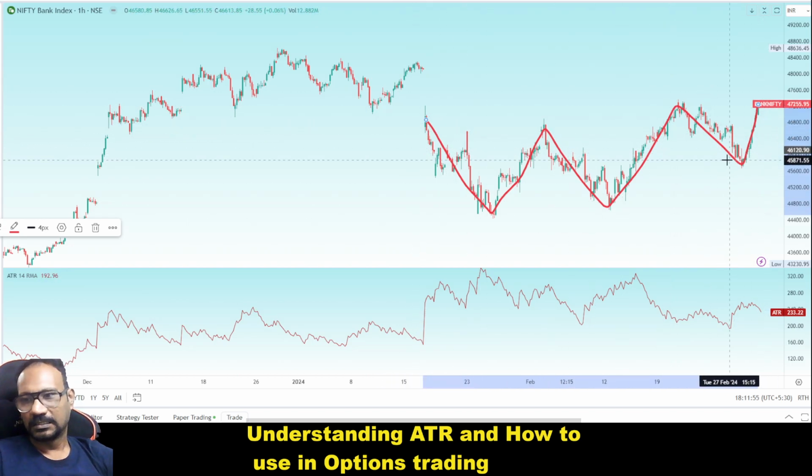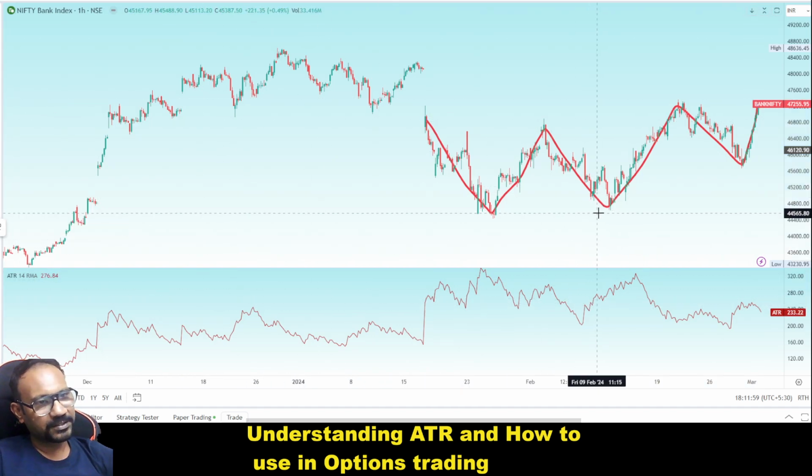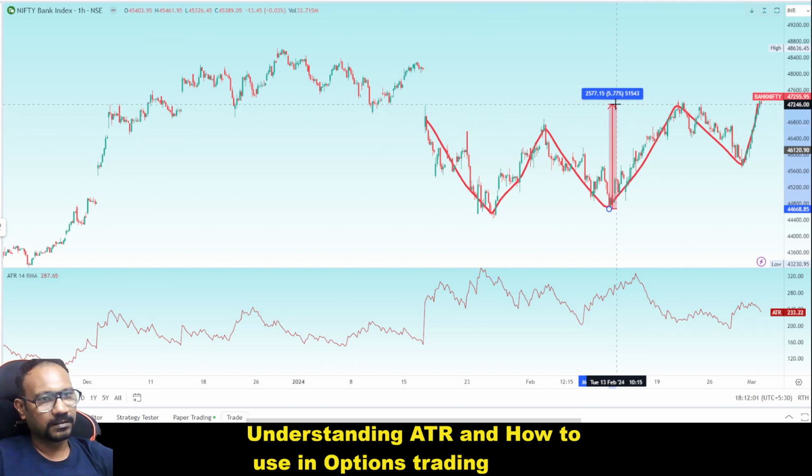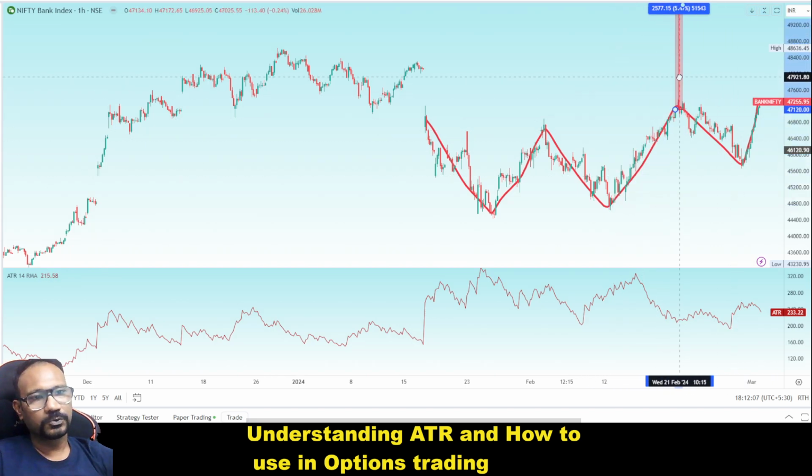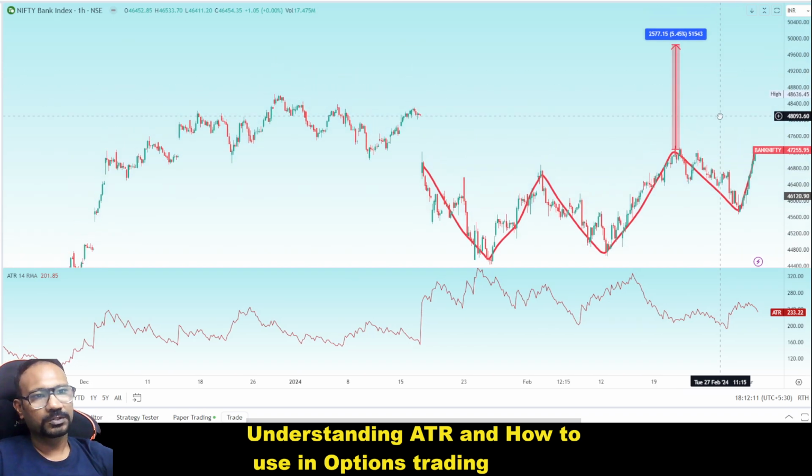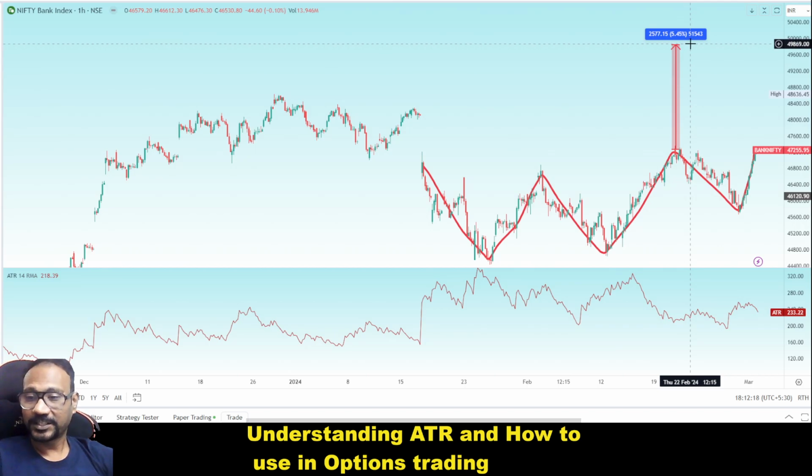Now, if you look at this from the base to the neckline, what is the range that it can move? 2,500 points. If there is a breakout, you can expect the market to move about 2,500 points and it can take us to about 50K, right?